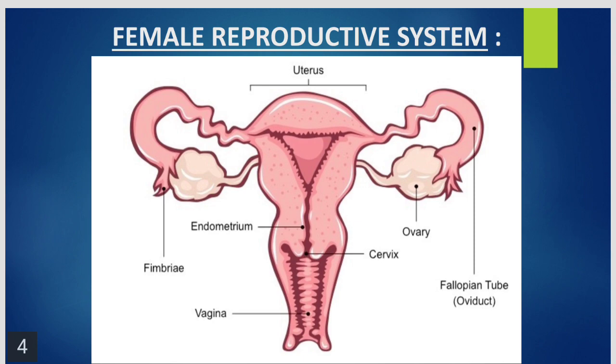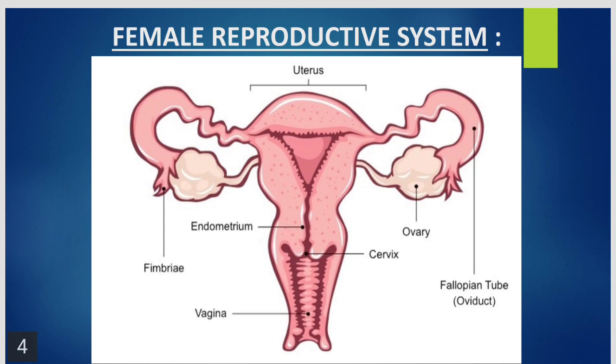So, here when the ovum is fertilized, it undergoes mitotic divisions, and finally it gets attached to the endometrium. So when this embryo is attached to the soft inner uterine wall, the endometrium, this process is called implantation of the embryo.